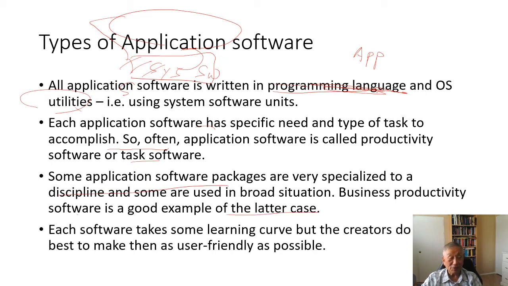Business productivity software is a good example of very broad usage. We'll talk about that when we talk about the Office suite. But for example, Microsoft Word has so many functions. I'm sure almost all of you have used Microsoft Word or Excel, and I use just a very small fraction of its functions.